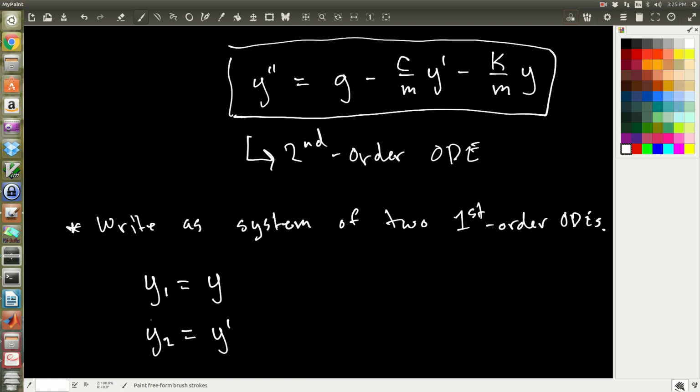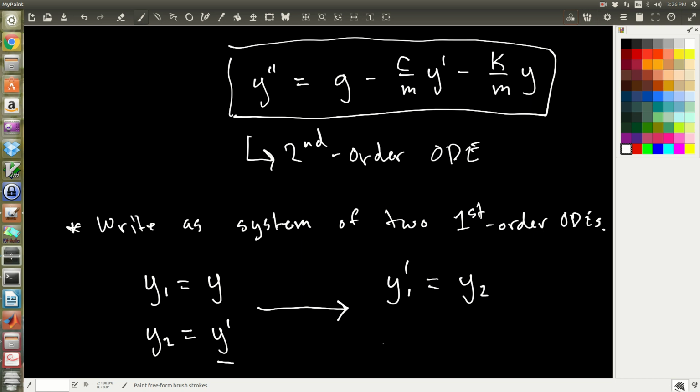Because of the way I've defined them, if I differentiate y1 with respect to t, I get y1 prime, which is literally y prime, but that's just y2. I want to write my new set of differential equations in terms of my new variables only. I don't want any y's showing up here, just y1s and y2s.